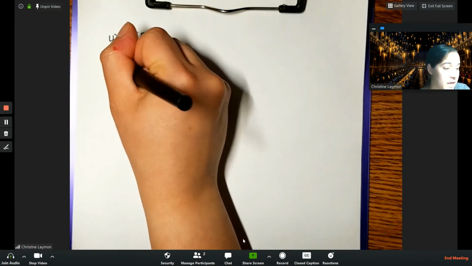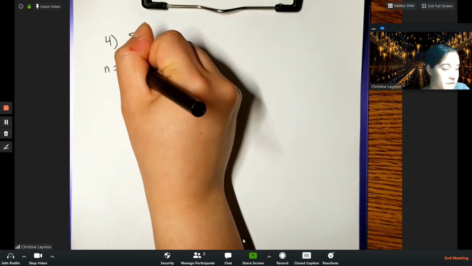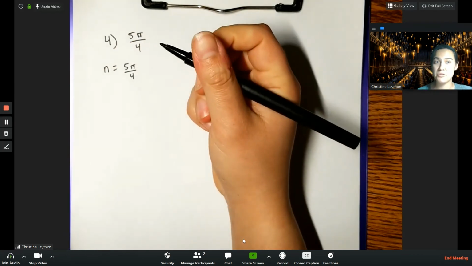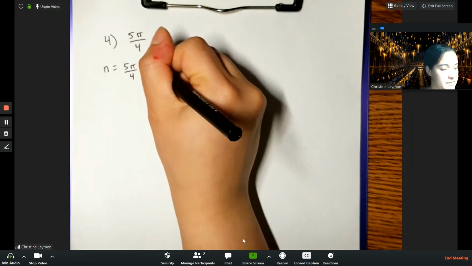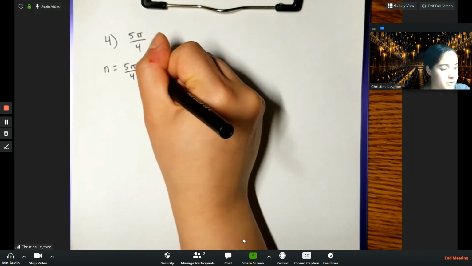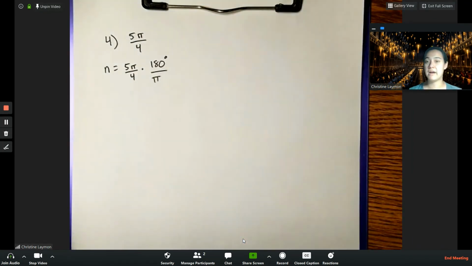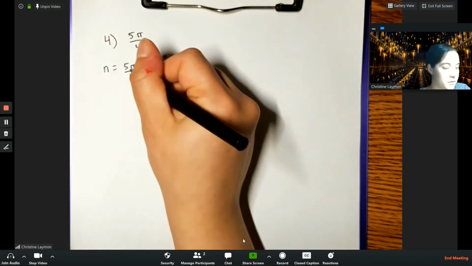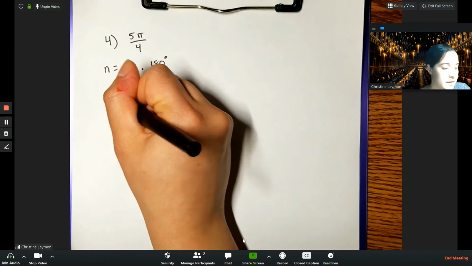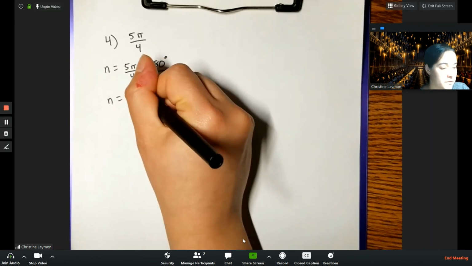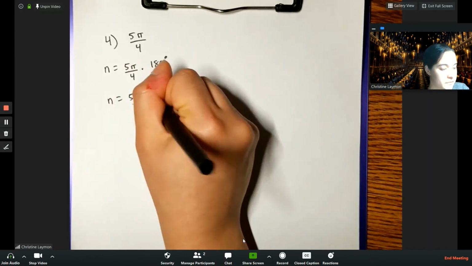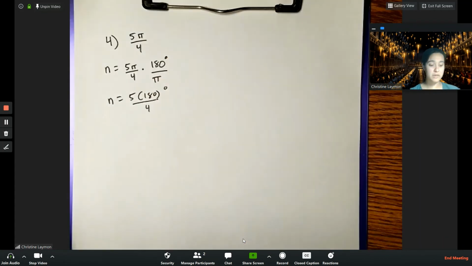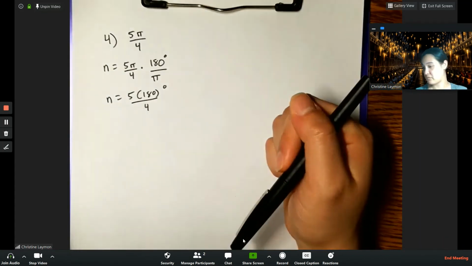I'm going to have n equals 5 pi over 4, and again, that whole thing is radians, times 180 degrees over pi radians. Okay, so what I've got here, my pi's will cancel. N equals 5 times 180 over 4. That whole thing will be in degrees.